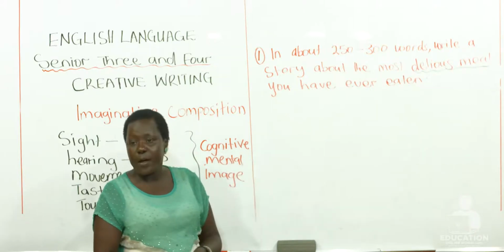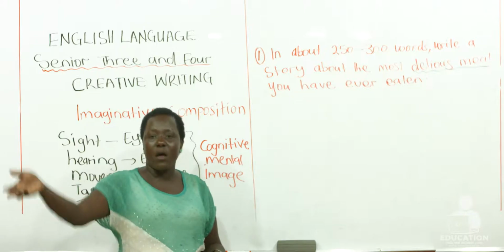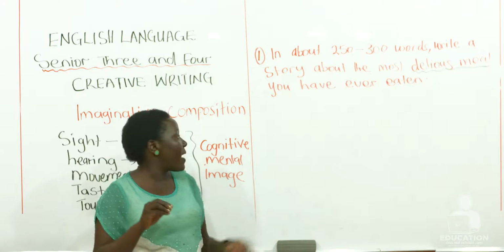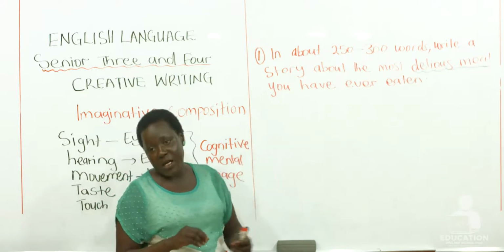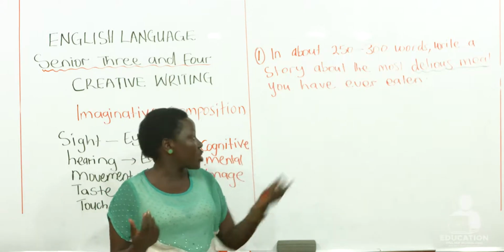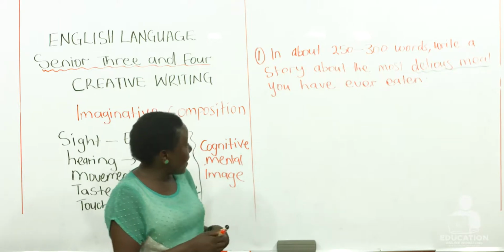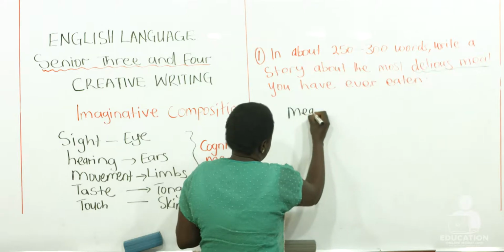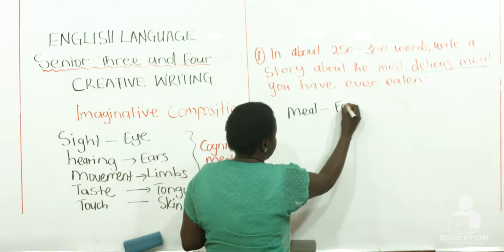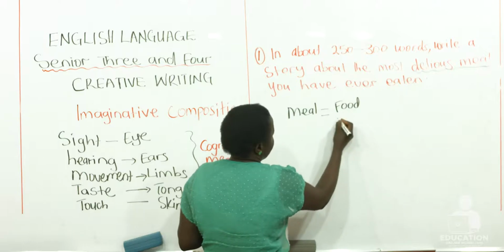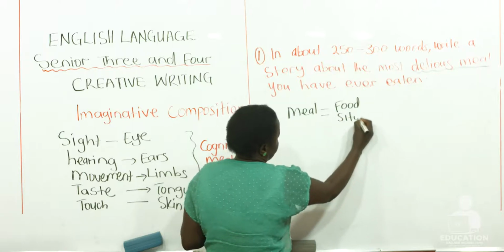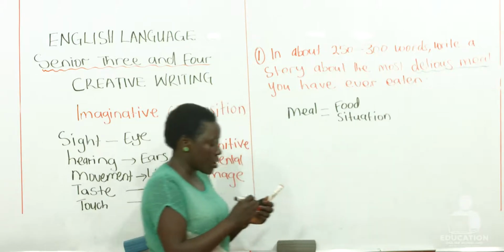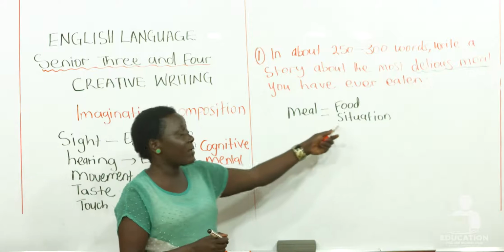It may be real food, it may be something else, but you will attach it to meal. It can have the contextual meaning and the direct or dictionary meaning. Now, you can write the word meal in your plan, then you attach it to food. You can attach it to situation. So you see, meal may not only be ordinary meal, but can also be a situation.